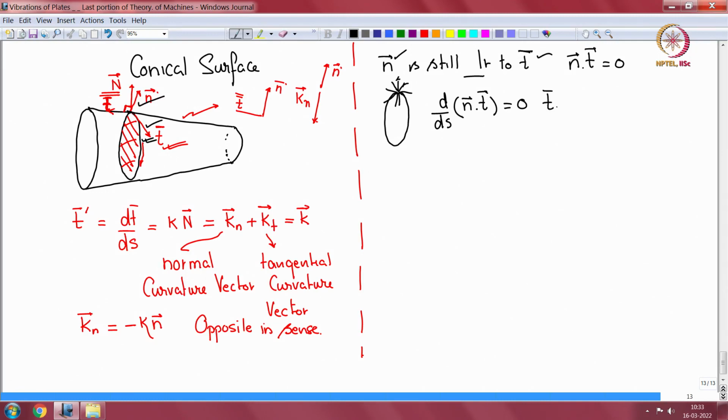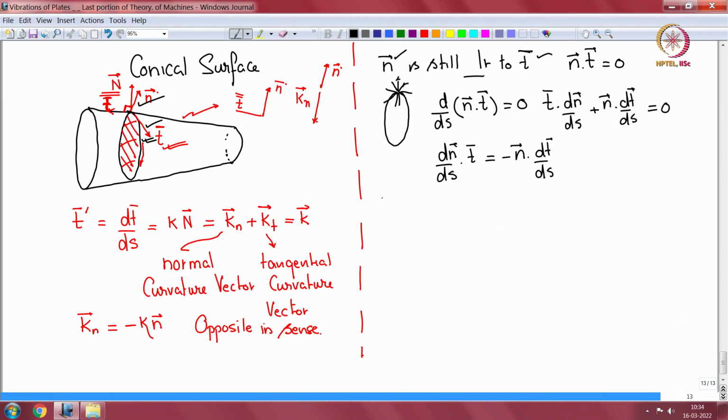T bar dot dn by ds, plus n bar dot dt by ds equal to 0, or dn ds dot t bar is equal to minus n bar dot dt by ds.